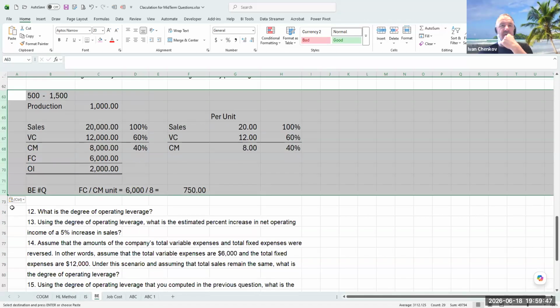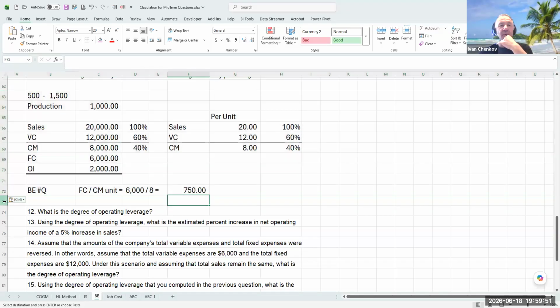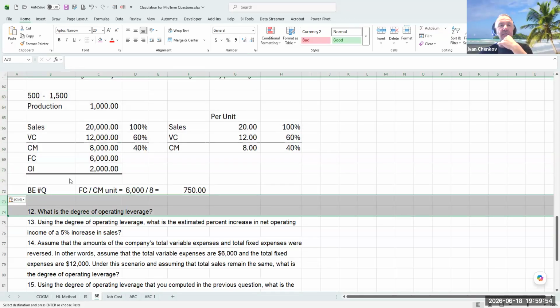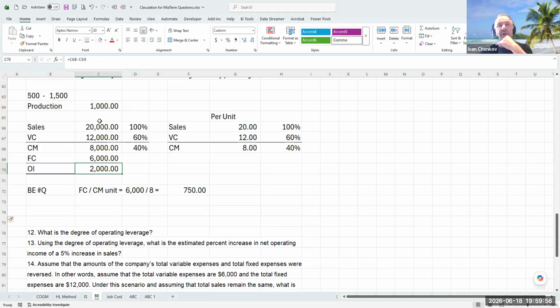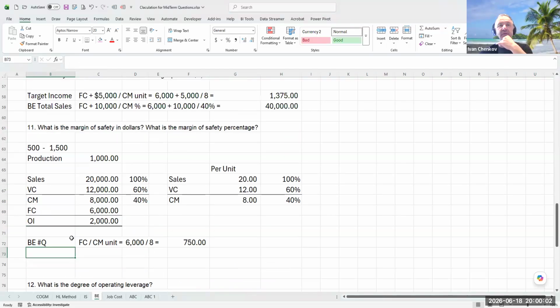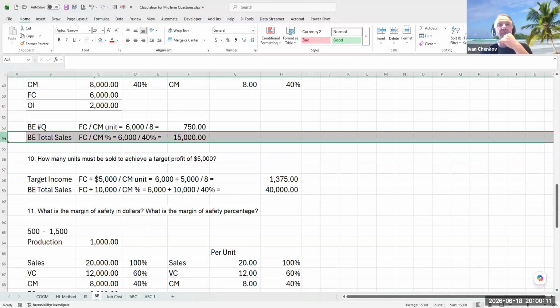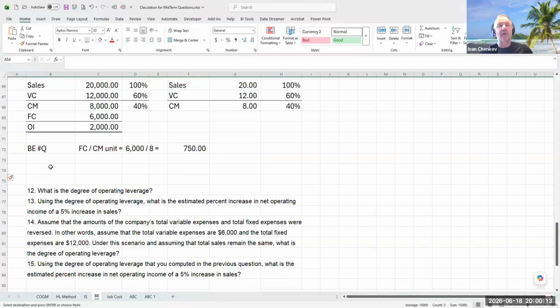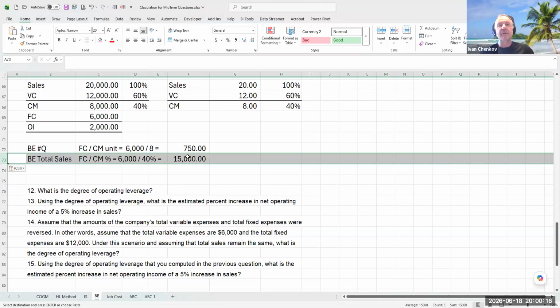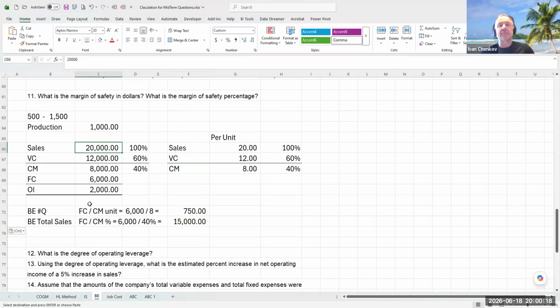Once I know the break-even, and once I know where we are, right now we're selling 1,000 units. At the break-even point, we're selling 750. So the margin of safety in dollars and margin of safety in percentage. For the break-even, total sales are 15,000. Current sales are 20,000.